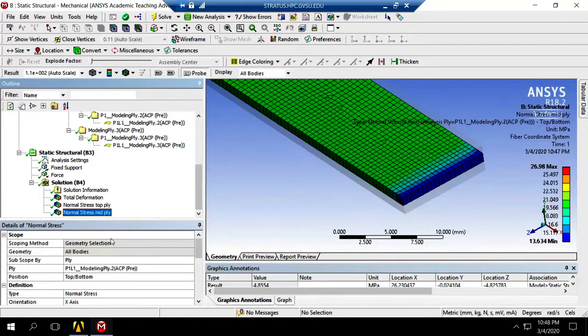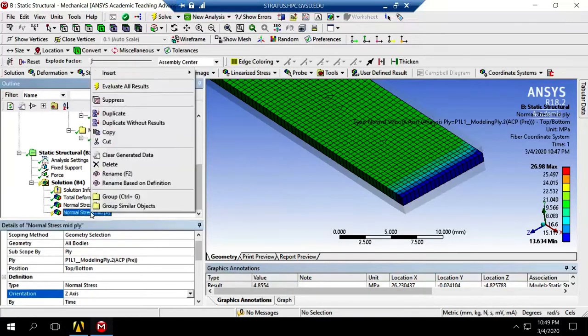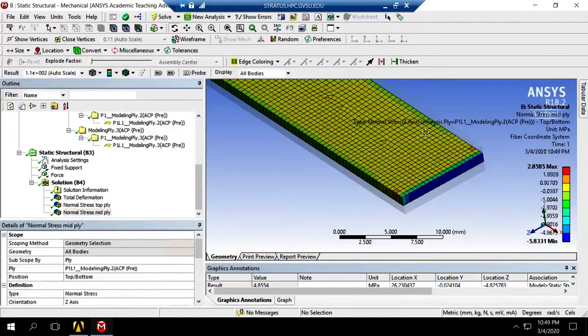Alright, so you can look at y, not y. Y is the thickness. You can look at the stresses in the z direction, which is along the width. You can click here, see how tiny it is. So along the width and along the thickness, you can look at the stresses too.